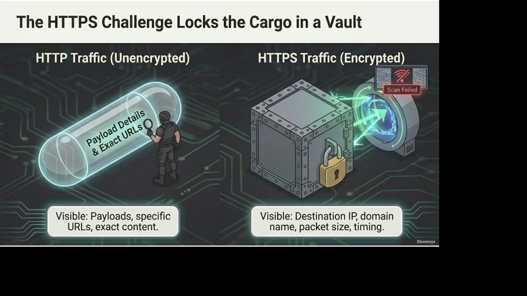It is visible with URLs, content, payload. But coming to HTTPS, which is encrypted, what is visible is the destination IP, the domain, the timing, and all. HTTPS places the entire conversation inside a locked vault.